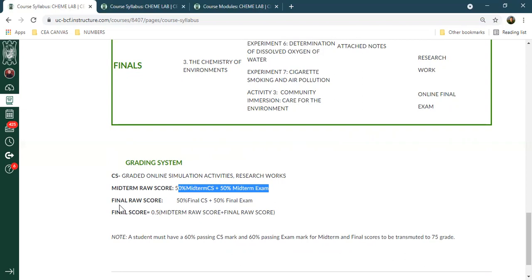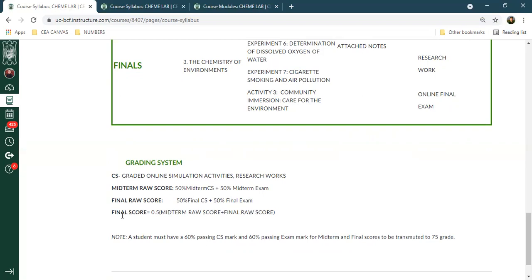Final raw score encompasses 50% of your total final CS or online activities and research work plus 50% of the cover to cover final exam.